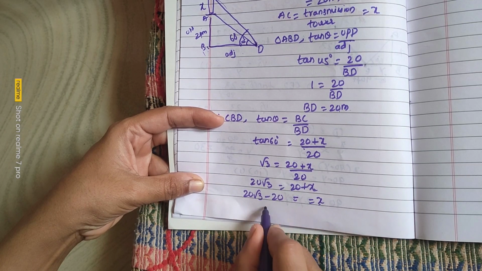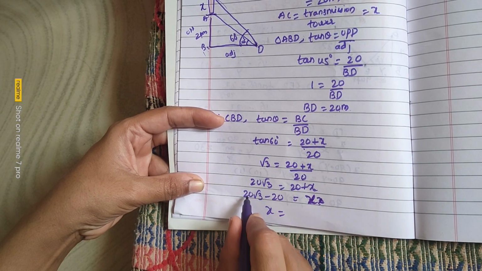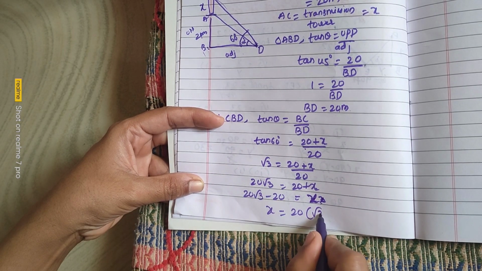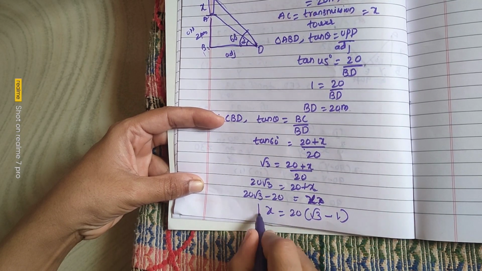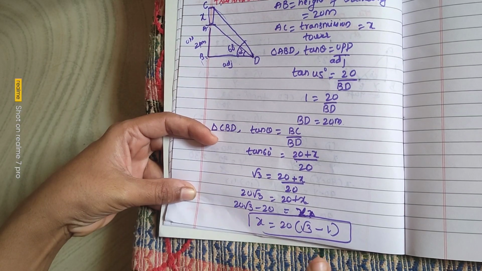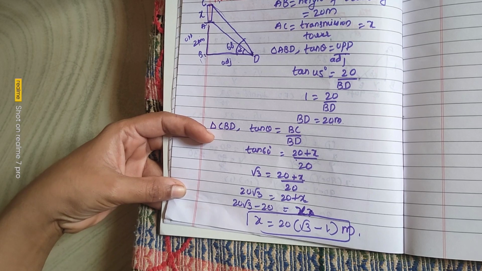So x is equal to 20 root 3 minus 20, 20 common, so we have root 3 minus 1. So this is x. X is the height of the transmission tower. They asked this one. This is in meter.